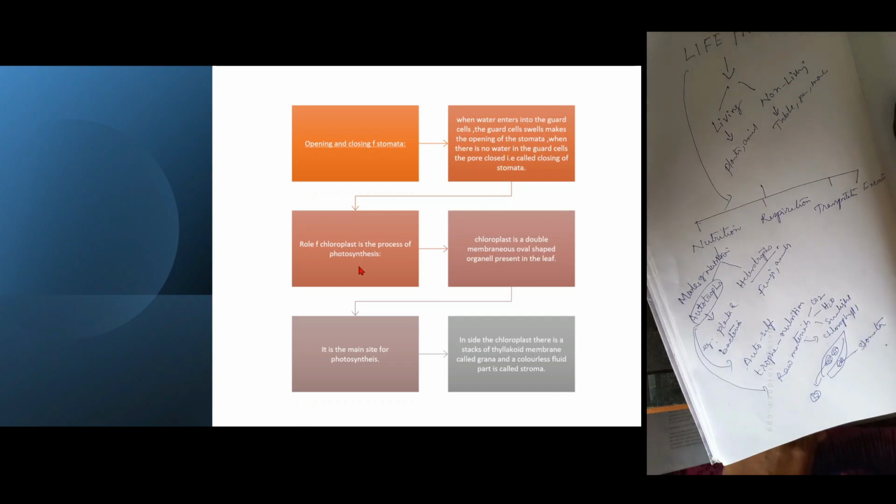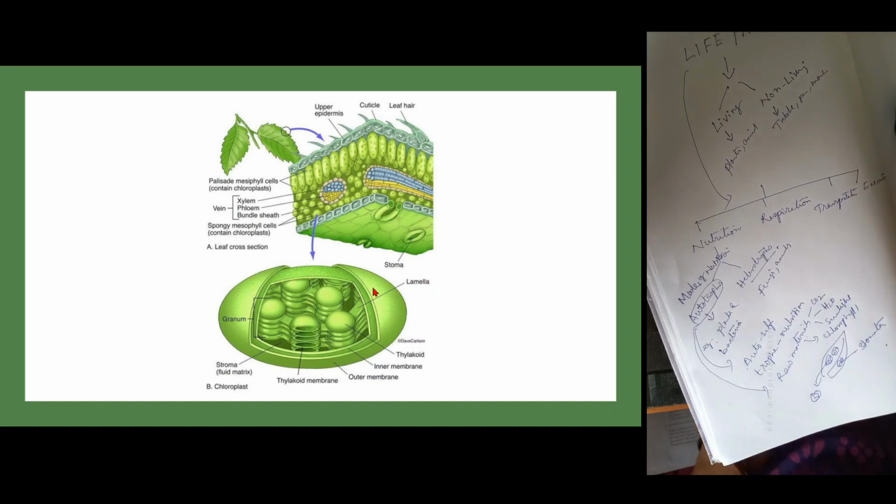And what is the role of the chloroplast? In the previous slide, we have seen the chloroplast. As you have seen, the chloroplast is a double membranous structure, and inside the membrane you have seen stack-like structures. These are called grana. A single stack is called a granum and the plural is grana.